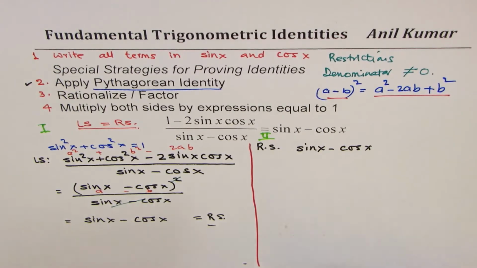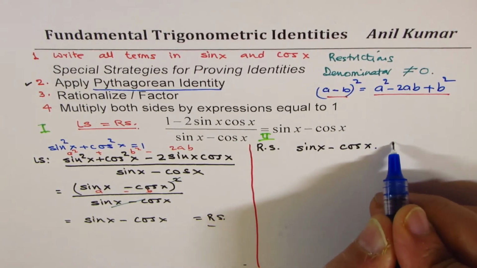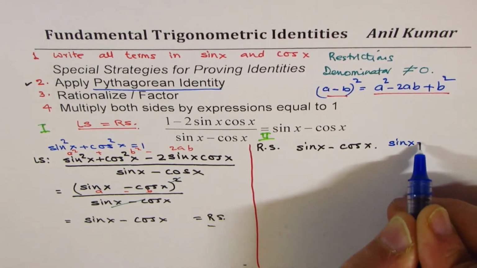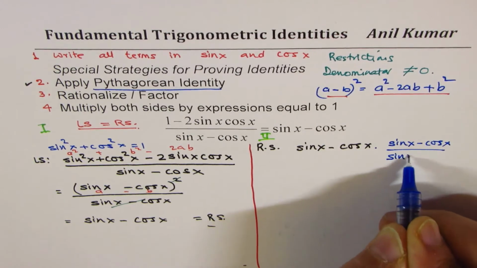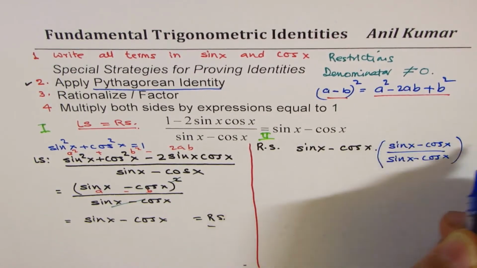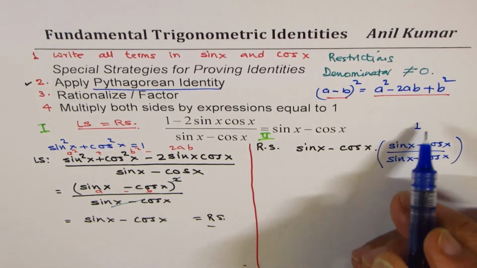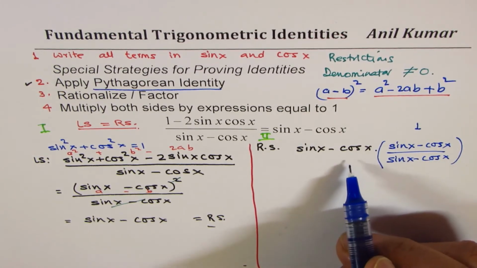So I could multiply this by (sin x minus cos x) divided by (sin x minus cos x). Now this is as good as 1. So multiplying by 1 does not really change anything, but it helps us to prove an identity.